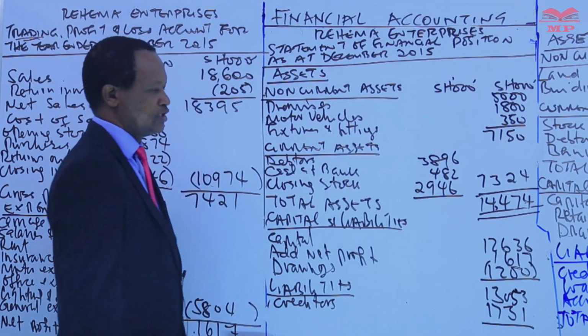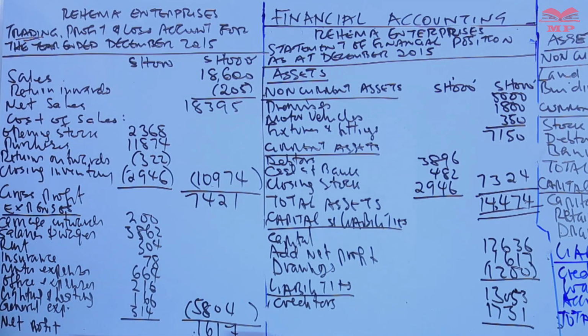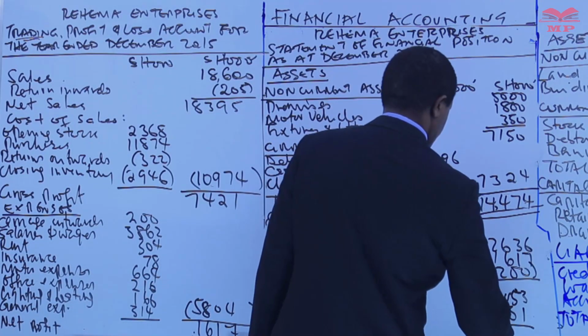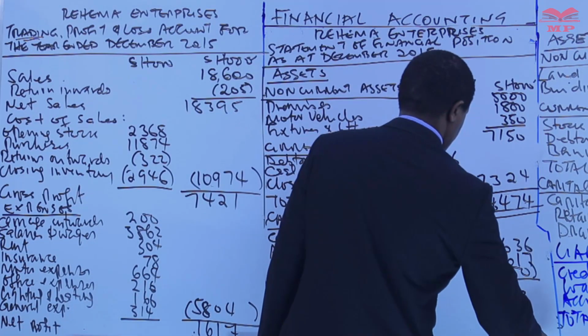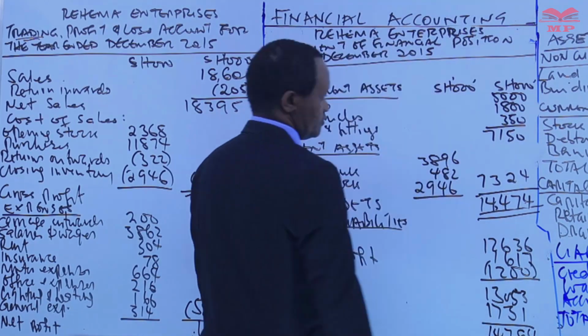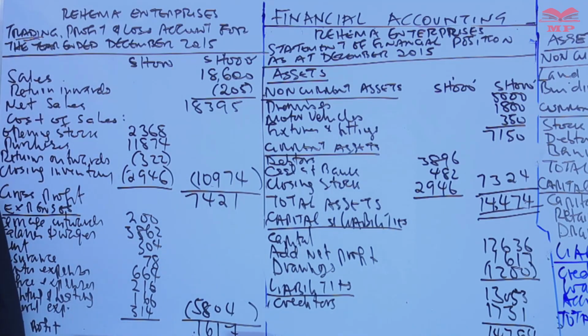Total capital and liabilities. What is 14,784?